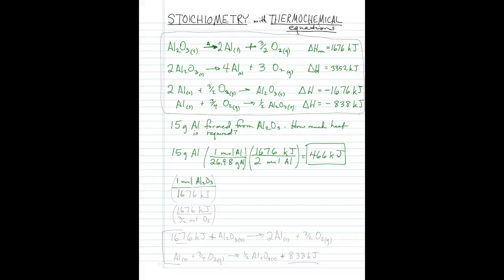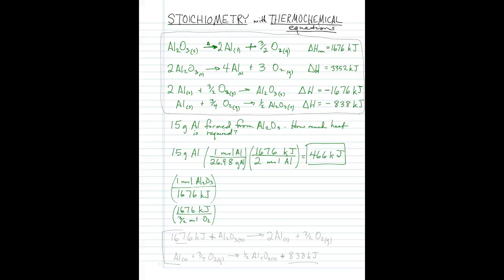We could say that that's 1676 kilojoules if we needed to go from kilojoules to moles. And sometimes your problem gives you kilojoules, you have to go to moles. We could have made a conversion factor for the oxygen. We could have said 1676 kilojoules is equivalent to 3/2 mole of oxygen.